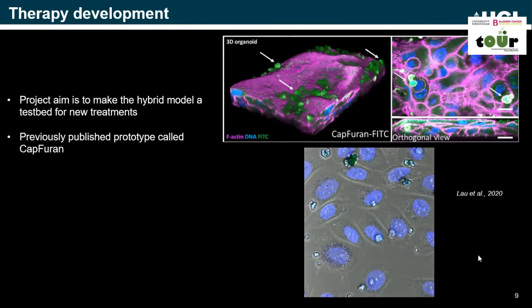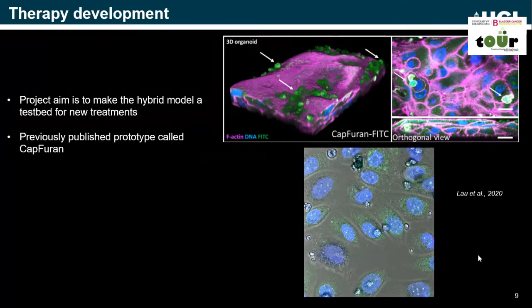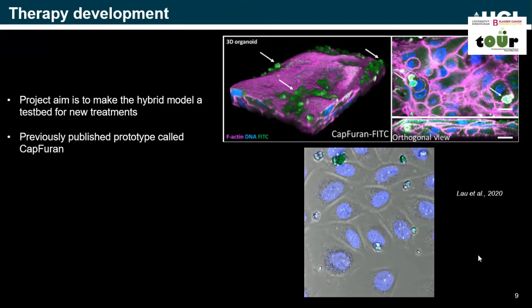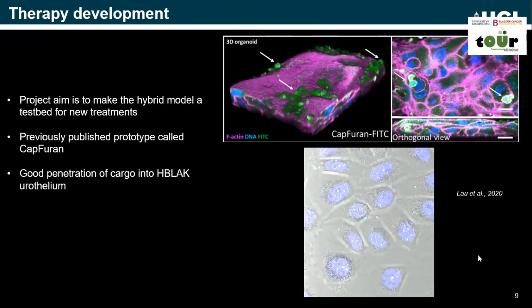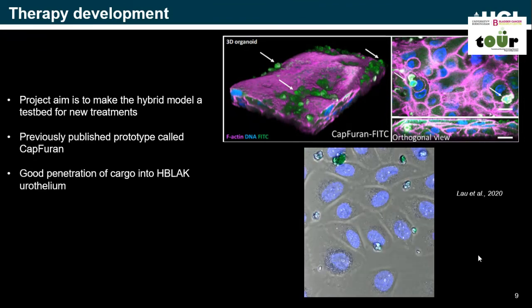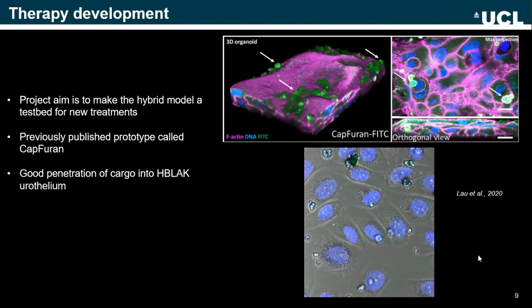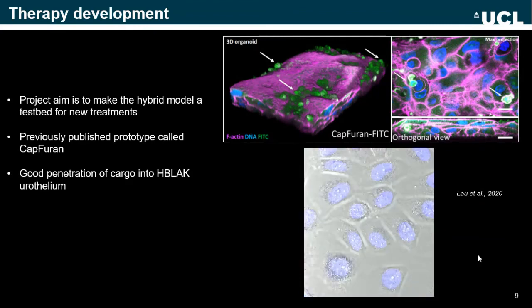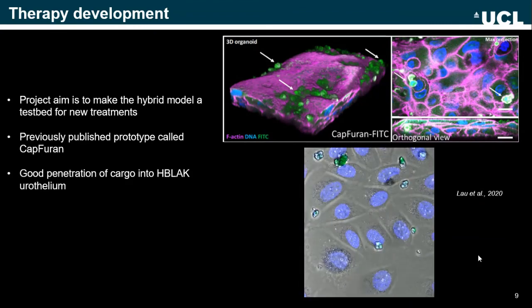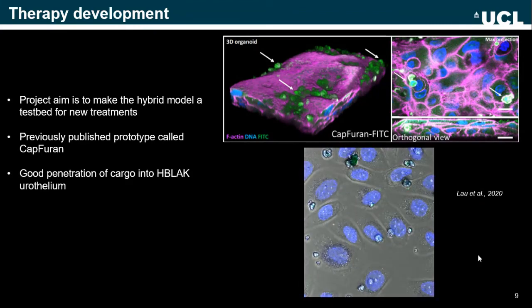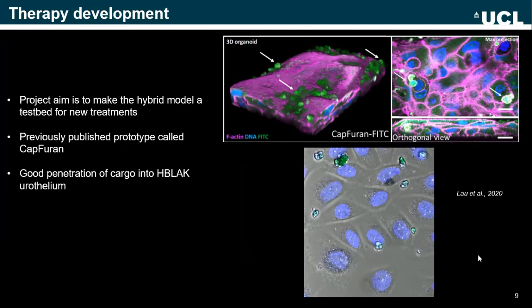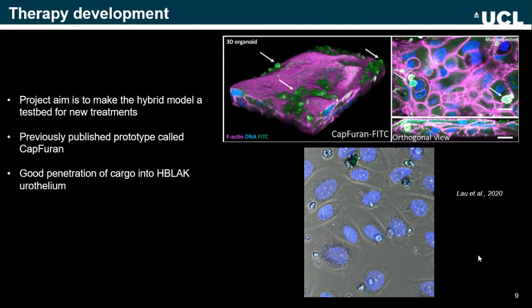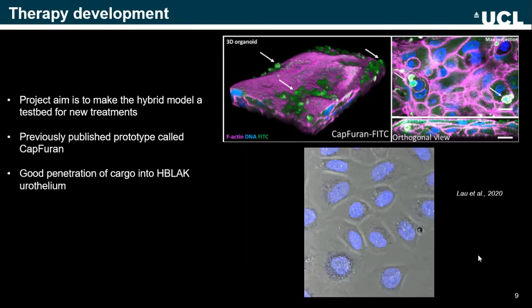We've encapsulated the UTI antibiotic nitrofurantoin in a PLGA polymer, and we've shown that it has good penetration of cargo into the H-Black urothelium, as you can see in this video. The capsules here contain FITC dye, and when the capsules are put onto the H-Black urothelium, we can see the cells all go green inside to show the release of cargo.